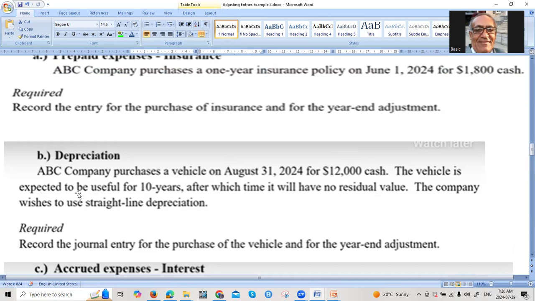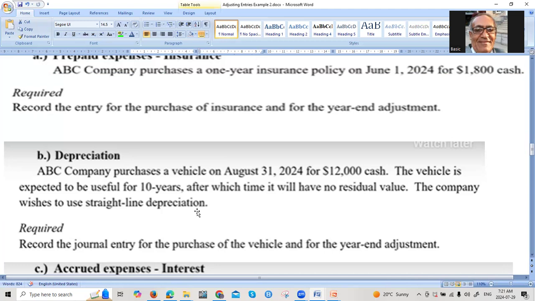The vehicle is expected to live for 10 years, but we have this before. Guys, you remember when we said straight line method to calculate the depreciation. So the first thing I will do is calculate the depreciation here. The company uses the straight line method of depreciation. You know, there are many types of depreciation: straight line method, double declining method, sum of the years digit method. We have many ways to calculate the depreciation.